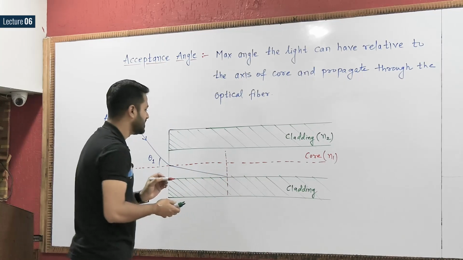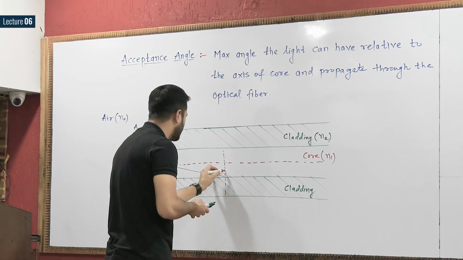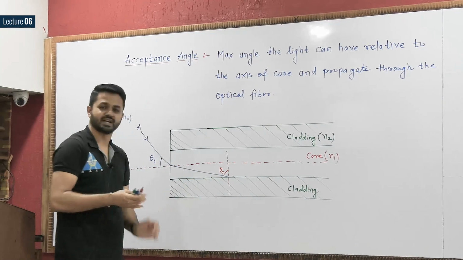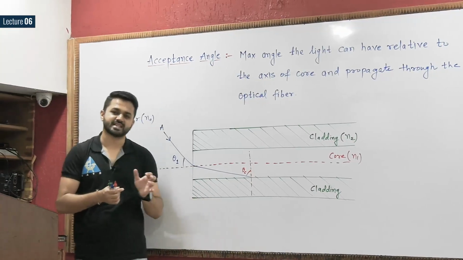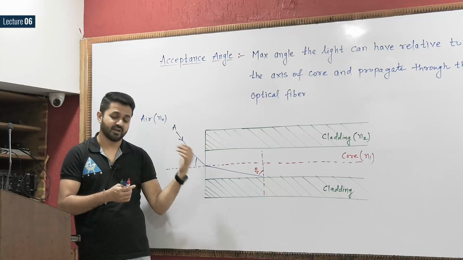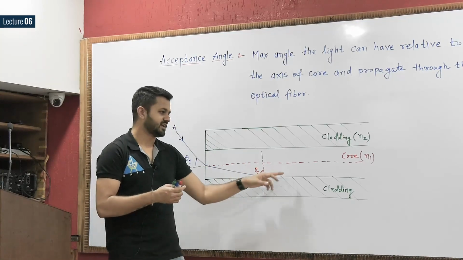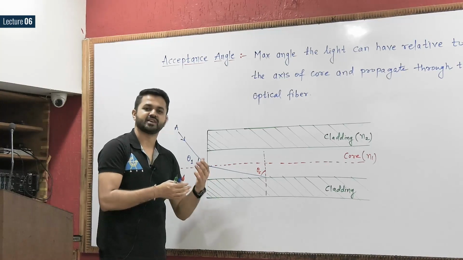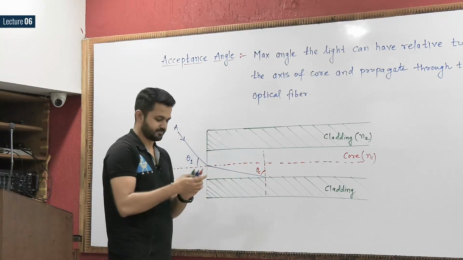It will make an angle with this normal, and let us say this angle is θc, equal to the critical angle. We are considering this as the margin, the marginal angle at which the light is incident from core to cladding at the interface.